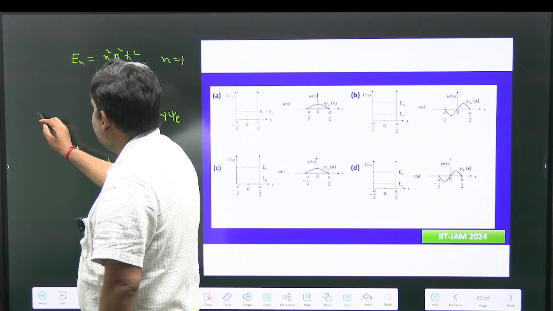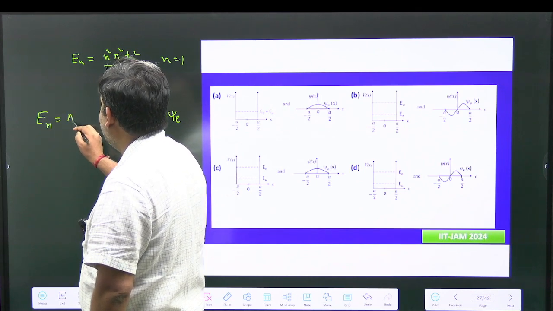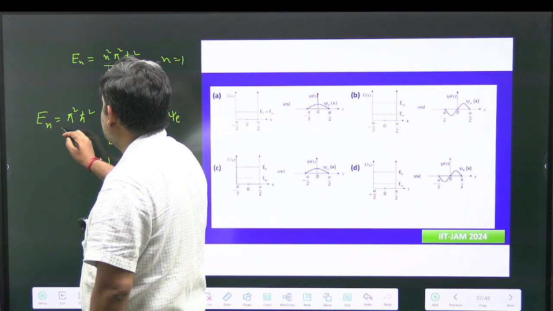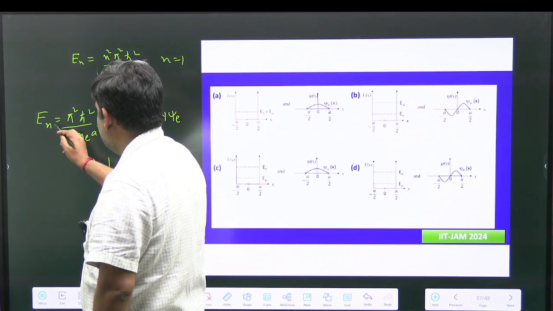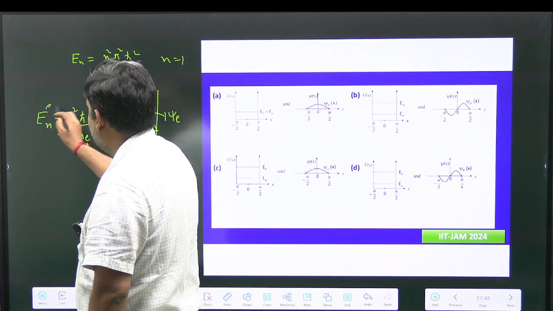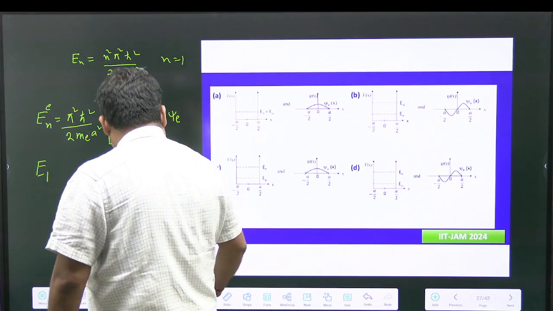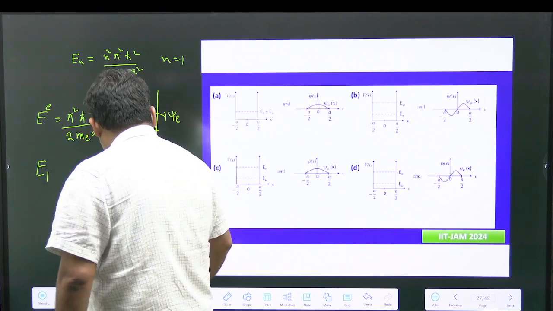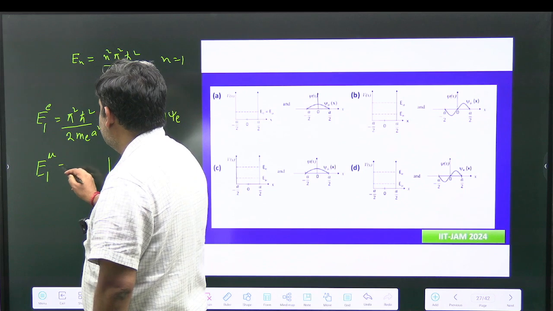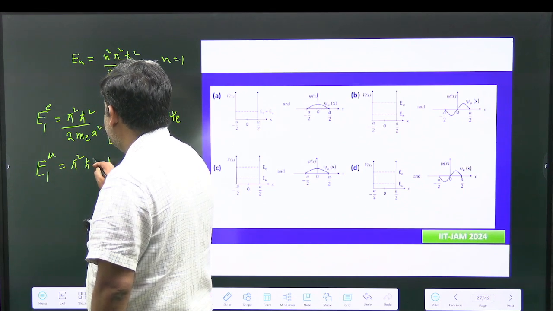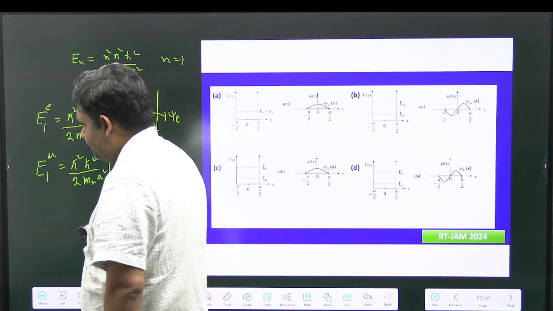So for the electron, E_1 is pi squared h-cut squared upon 2 m_e a squared, and E_1 for the muon is pi squared h-cut squared upon 2 m_mu a squared.